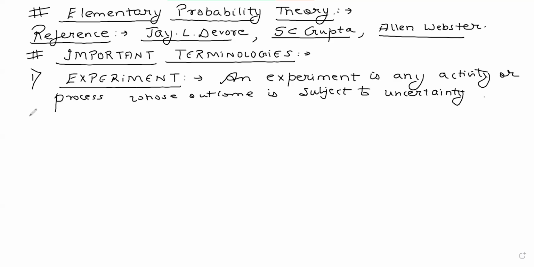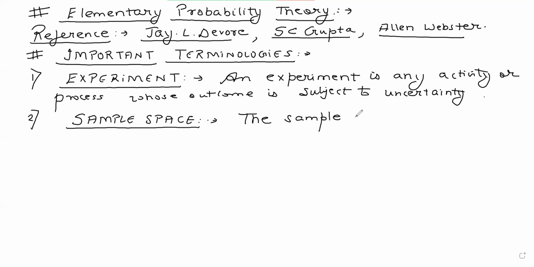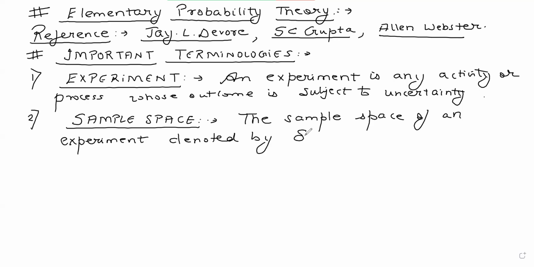Now let's understand what is meant by a sample space. So here comes the next terminology, sample space. I can write: the sample space of an experiment, denoted by delta. This is the symbol I use for denoting the sample space.